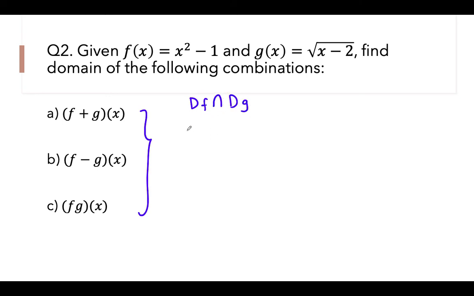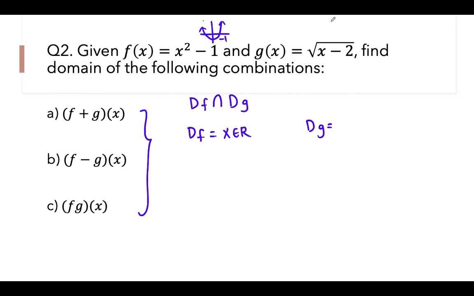Well, let's figure out the domain of function f. It's a parabola, which looks like this, at -1. For any parabola, x can be any real number. What about the domain for function g?